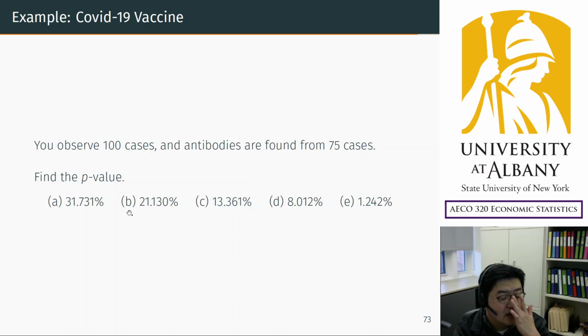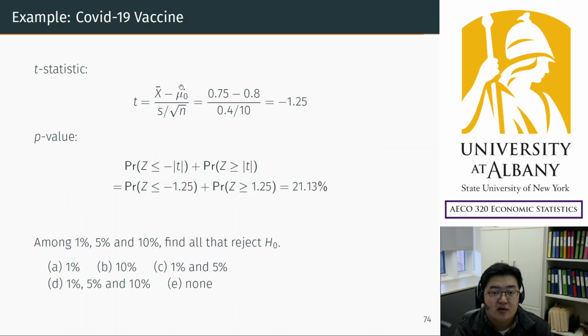Okay, let me show you the answer. So the t-statistic goes this way. 75% is what you observe, 80% is what you believe, and you standardize using the standard deviation we calculated based on the formula. Sample size was 100, and the t-statistic is minus 1.25.